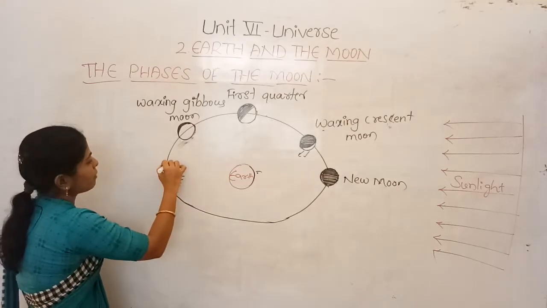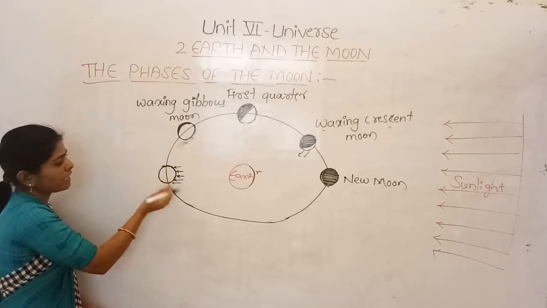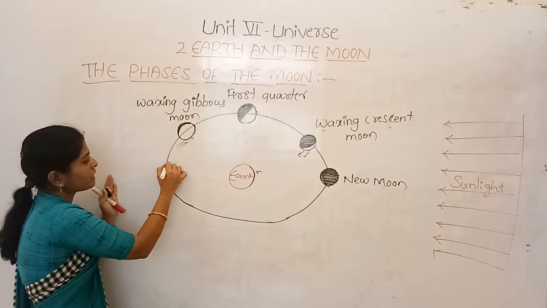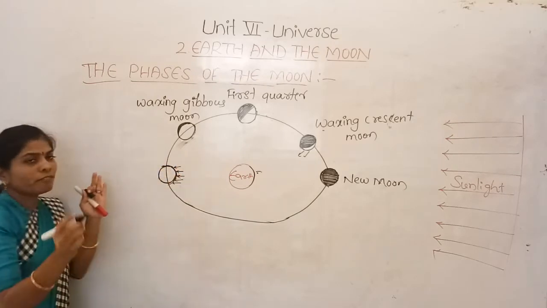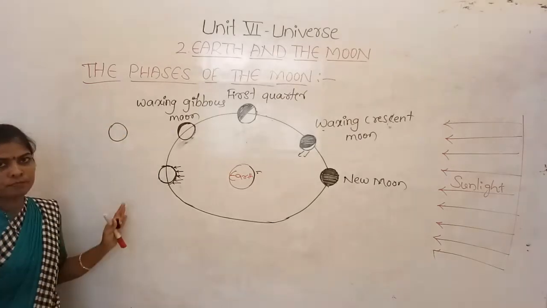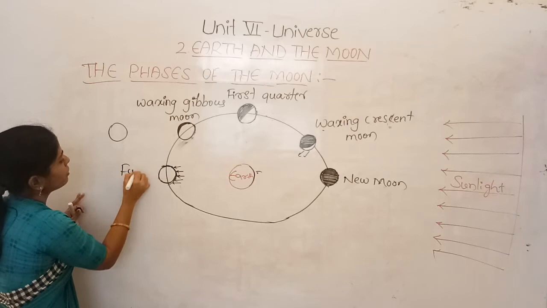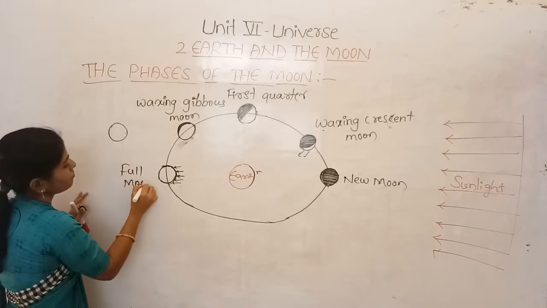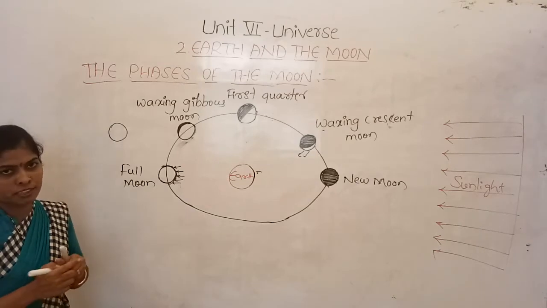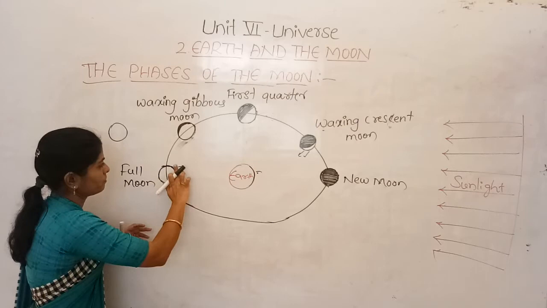The part behind the earth will not get the sunlight, and we can see this completely. So when we see from the earth, we can see a complete white moon, and we call this the full moon, because we can see it round in shape in the sky. You might have observed it. This is what we call the full moon.